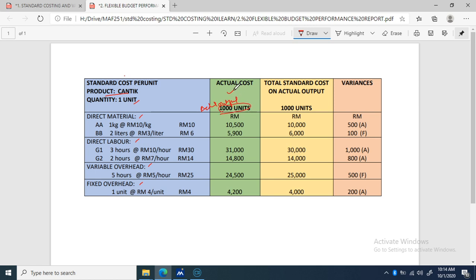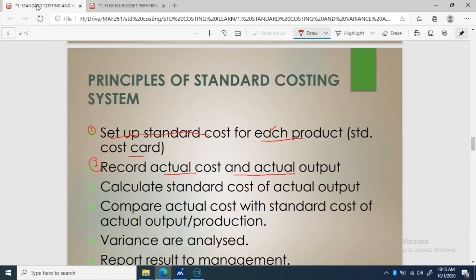So how much is the cost to produce 1,000 units? The cost of metal double A 10,500, double B 5,900, labor grade 1 31,000, grade 2 14,800, variable overhead 24,500, and fixed overhead 4,200. So this is the second step.